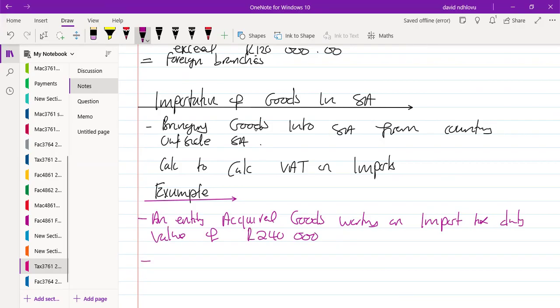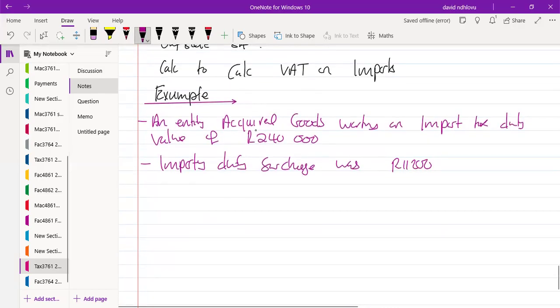Then they say the import duty surcharge was, let's see, work out a figure, 11,200. So we want to calculate VAT.